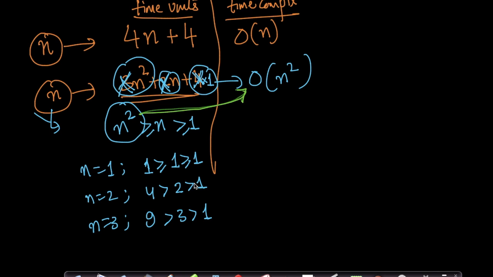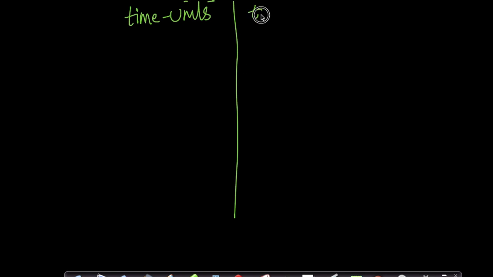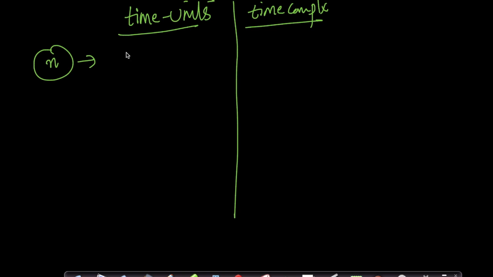Similarly, let's take another example. Imagine I have my time units here and my time complexity. Imagine I have an input of size n, and it's taking me, let's say, 4 times log of n plus 3.